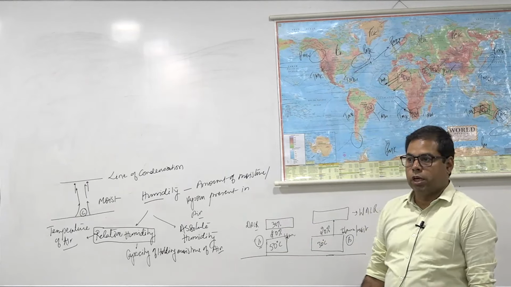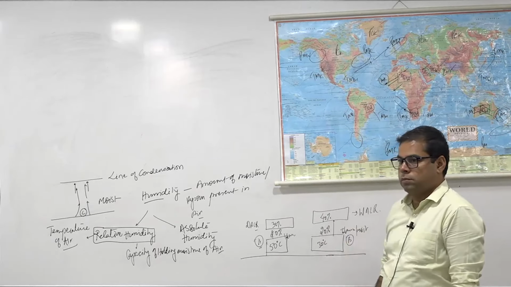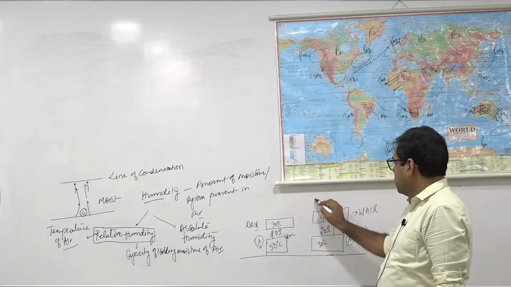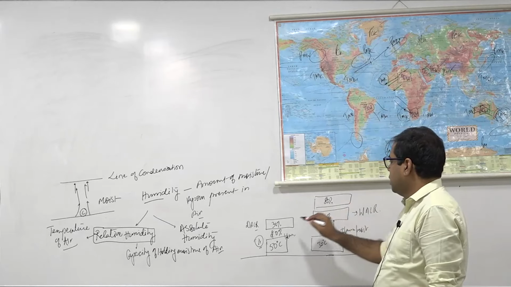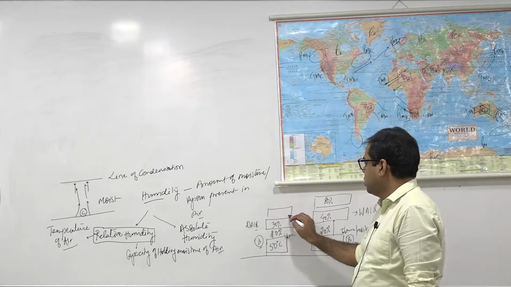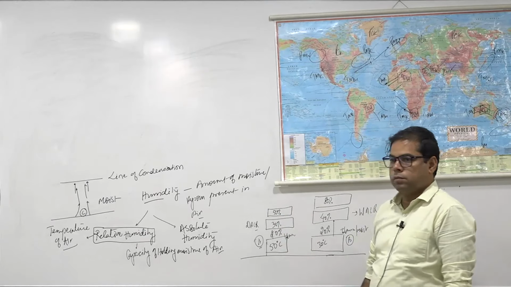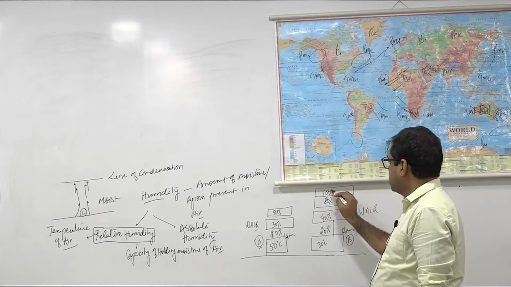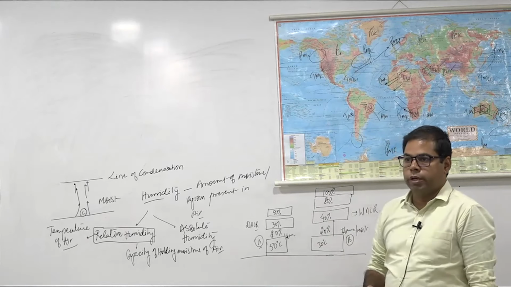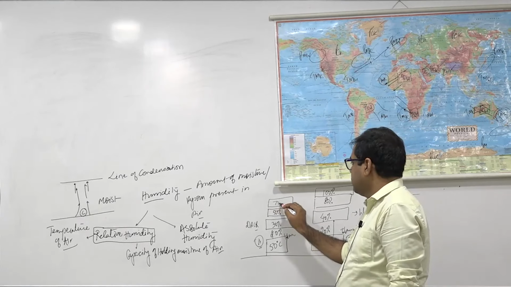Relative humidity will become 30%. Here will become 40%. Here the air will become 80%. Then it will be about 60% or 50%. Here the air will reach 100% humidity, and here the air will be 70%.